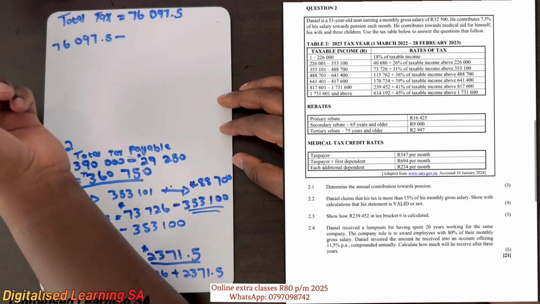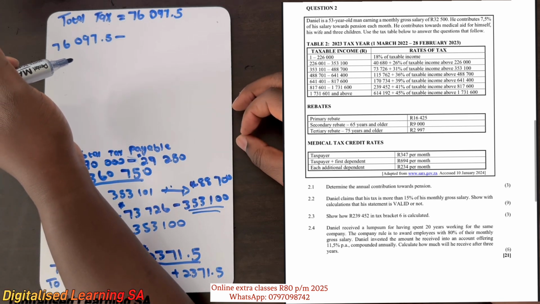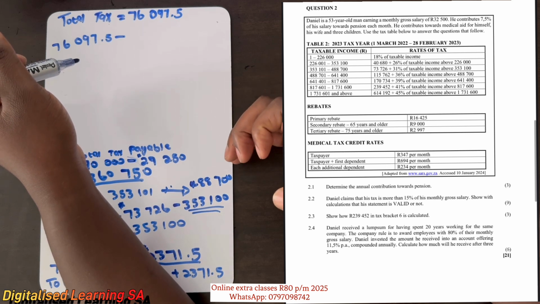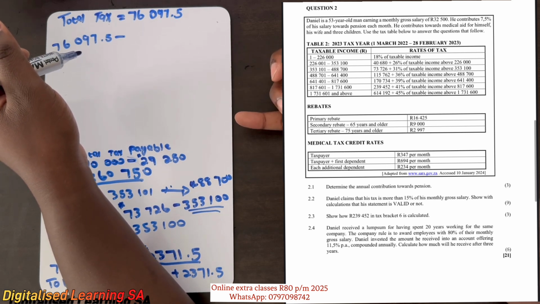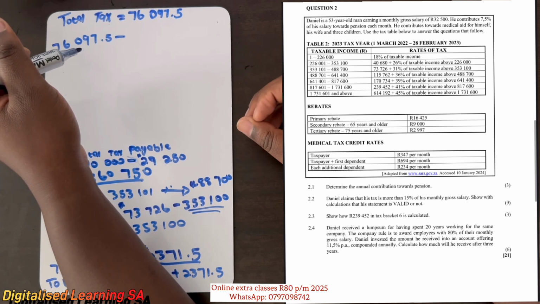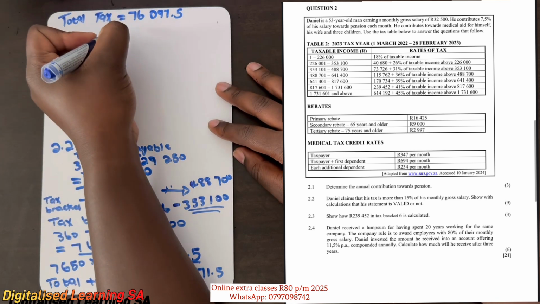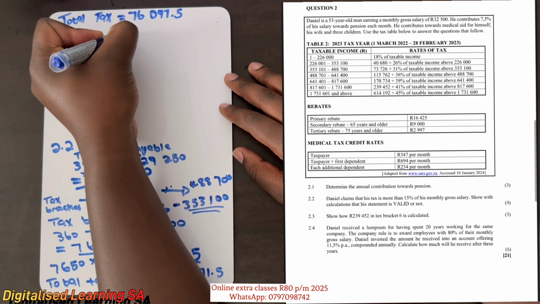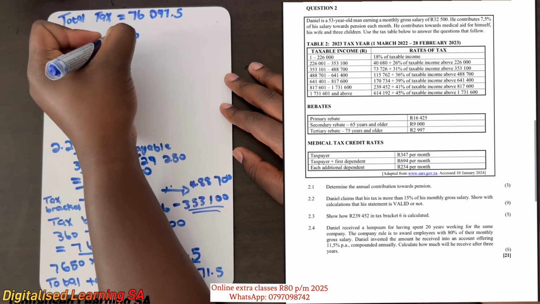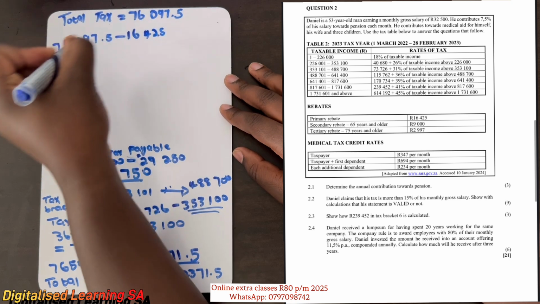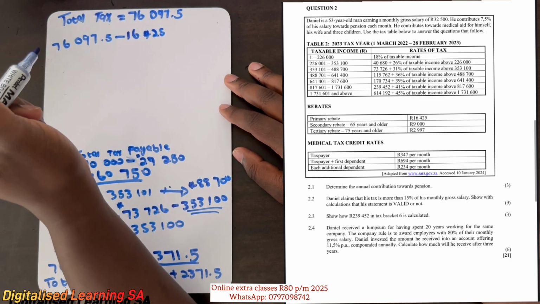We know that Daniel is 53 years old, and like we discussed on the previous questions, we have 3 rebates: the primary, secondary, and tertiary. Everyone qualifies for the primary rebate, meaning Daniel will also qualify, so we will subtract 16,425 from our total tax.